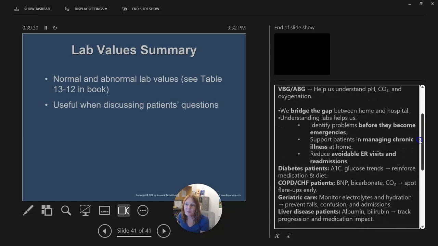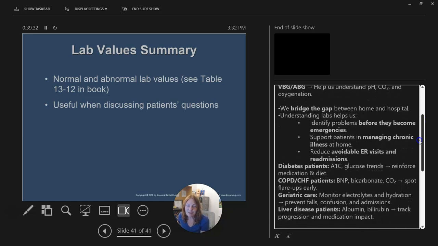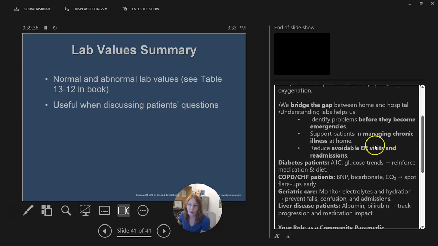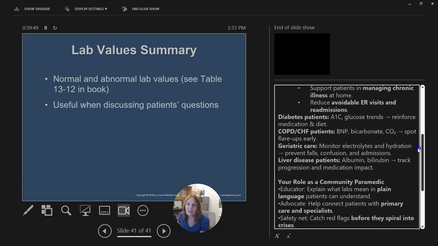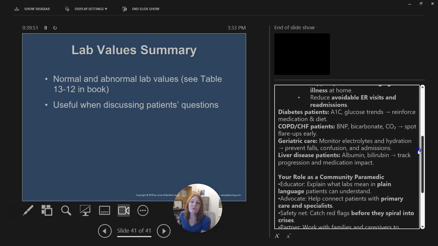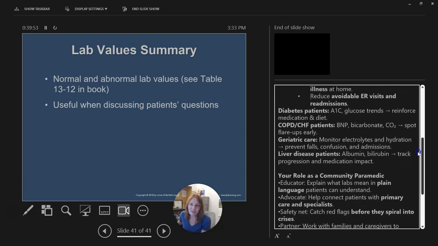We bridge the gaps between home and hospital. We do. That's the goal. So understanding labs helps us identify problems before they become emergencies, support our patients in managing those chronic illnesses at home, and reduce those avoidable ER visits and readmissions. Remember our diabetic patients, A1C, glucose trends. We need to reinforce medications and diets if we start seeing that.